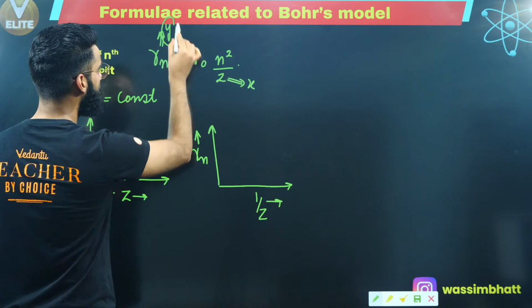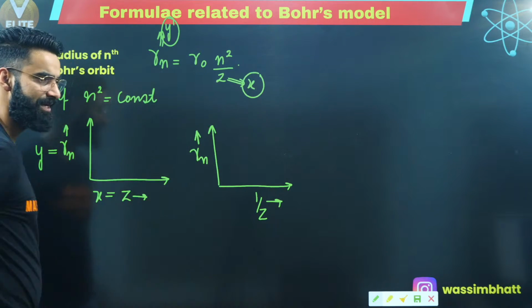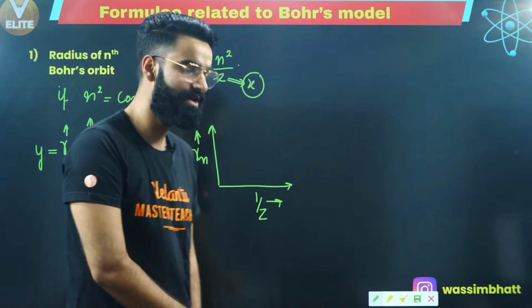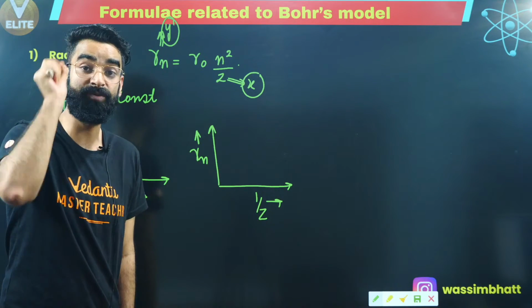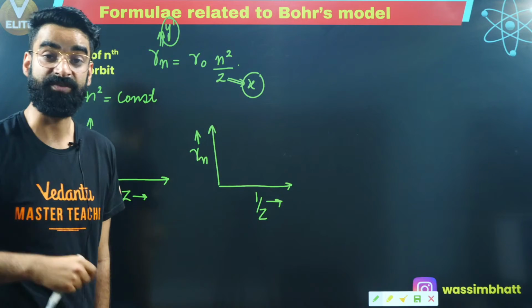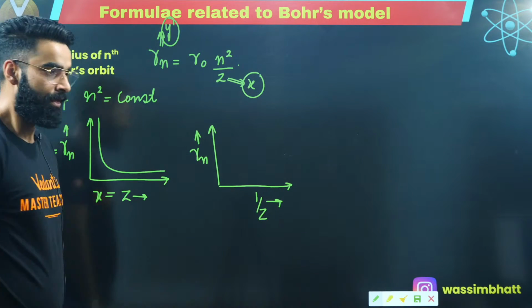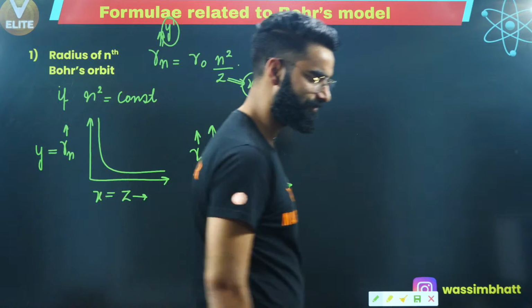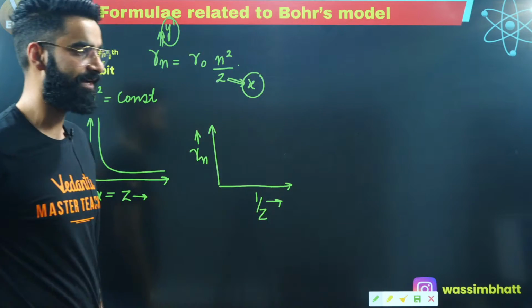So can you let me know what is the relation between this y and x? Are these directly proportional or inversely proportional? These are inversely proportional, right? And whenever, if you remember in your states of matter, I have told you, whenever you need to plot a curve between two variables which are inversely proportional to each other, the nature of the curve is rectangular hyperbola.